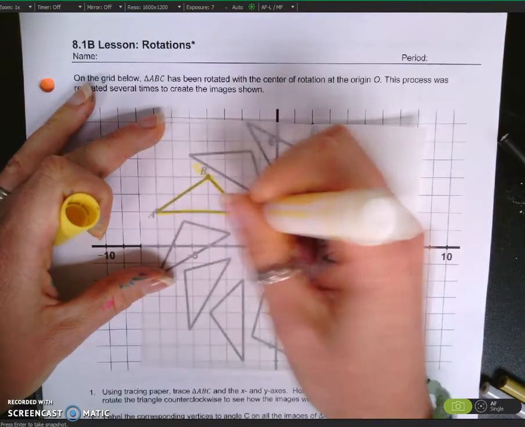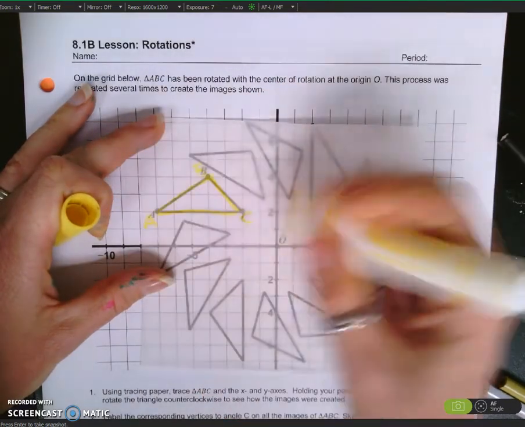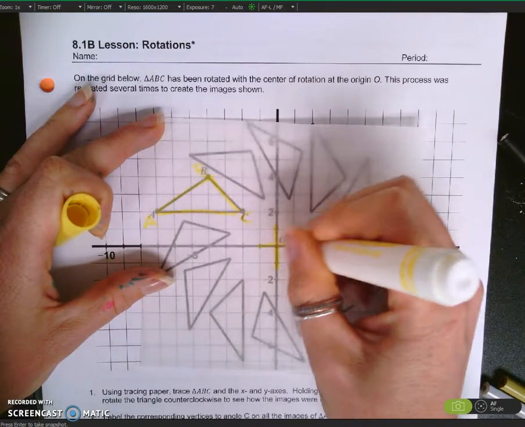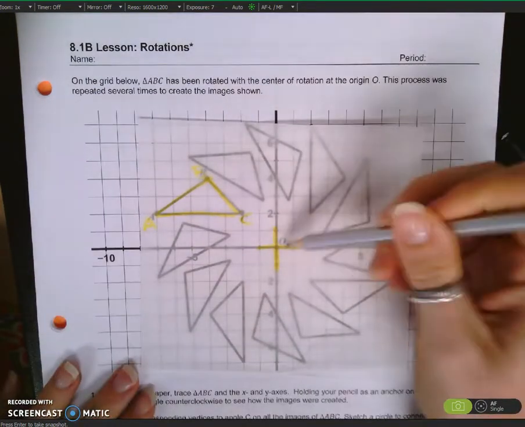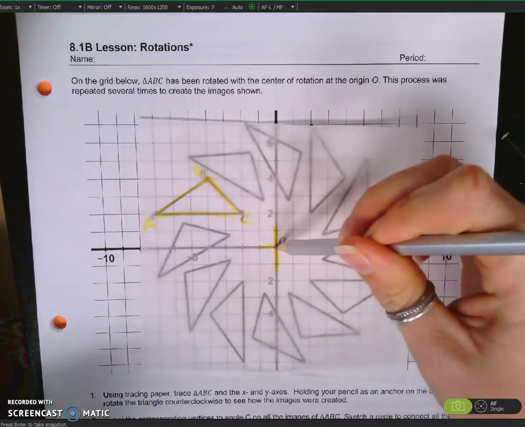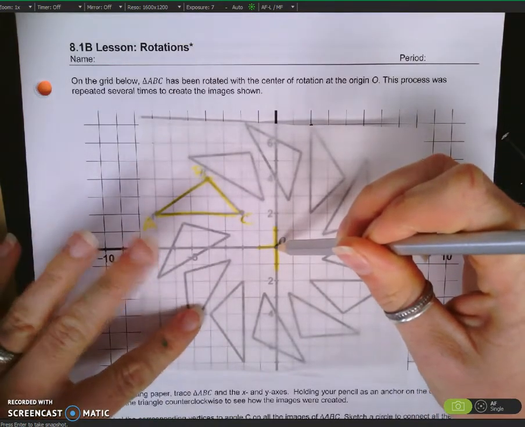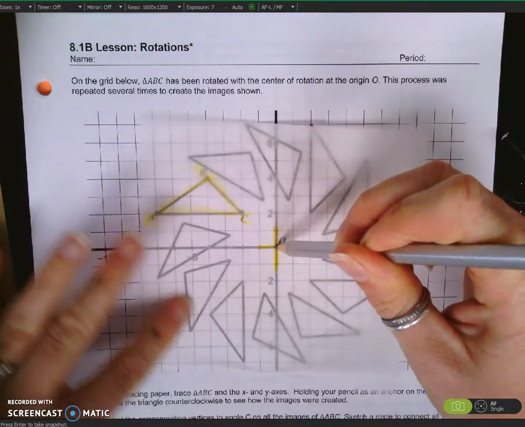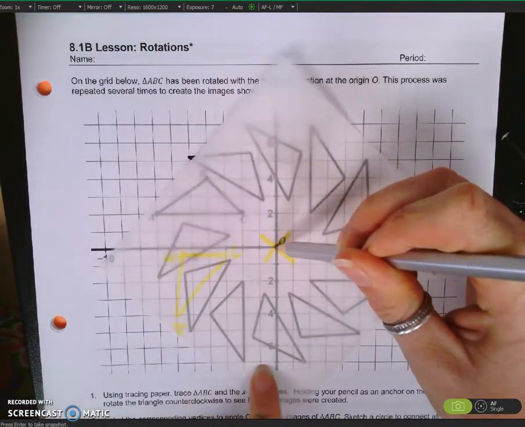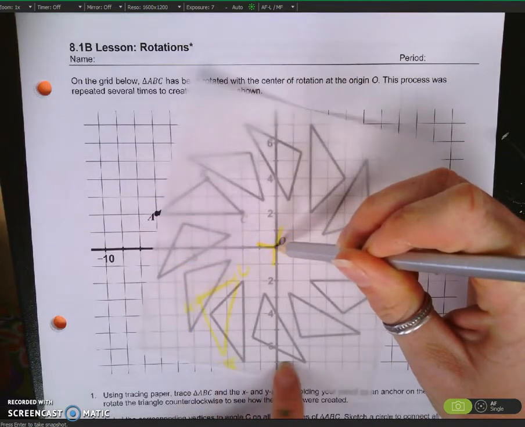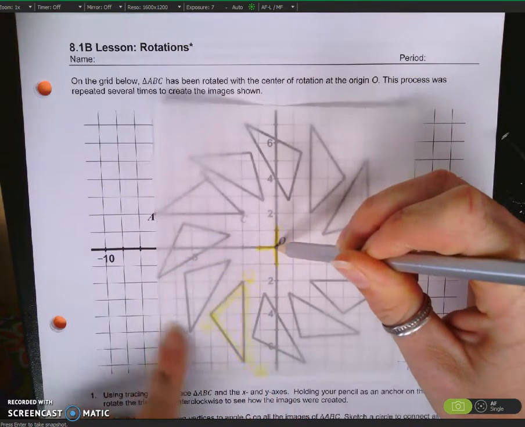You may want to label your vertices and your X and Y axis. And holding your pencil as an anchor, rotate your triangle counterclockwise to see how all of the images are created.